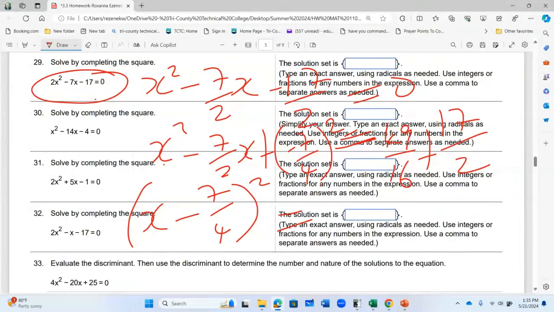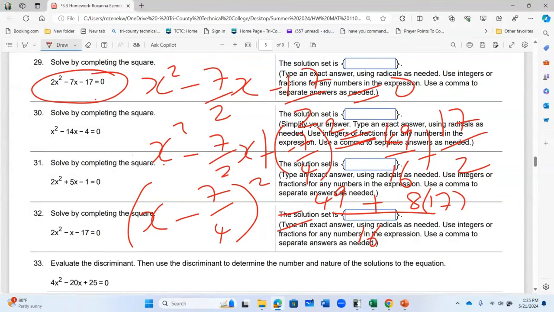The lowest common denominator is 16. So I have 16 here, 49. 2 goes into 16, 8 times. And here I have 8 times 17. Okay, so this is what I have in the right hand side.